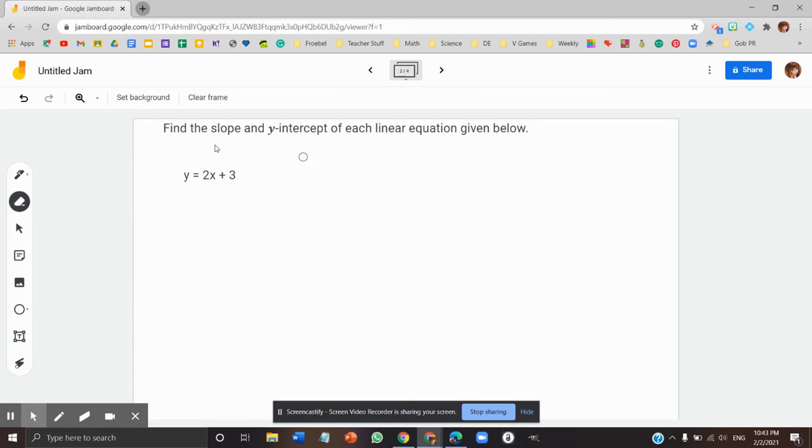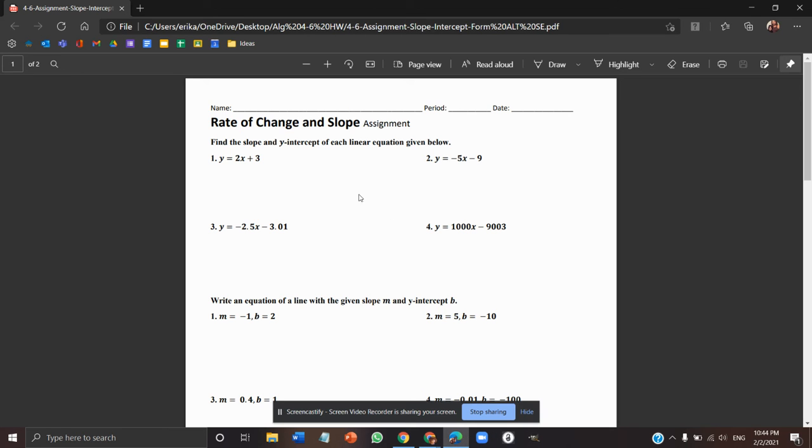So the first one says, find the slope and find the y-intercept. Not the x-intercept, not any other point on my line, the y-intercept of each linear equation given below. And you're going to have 4 linear equations.